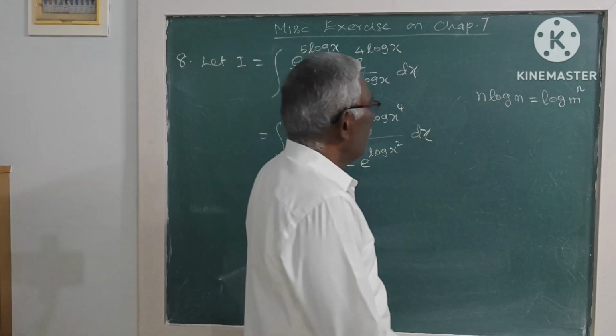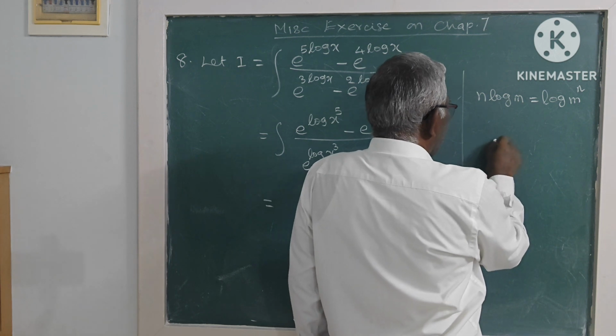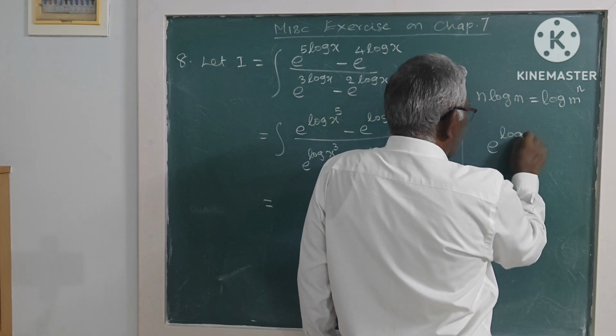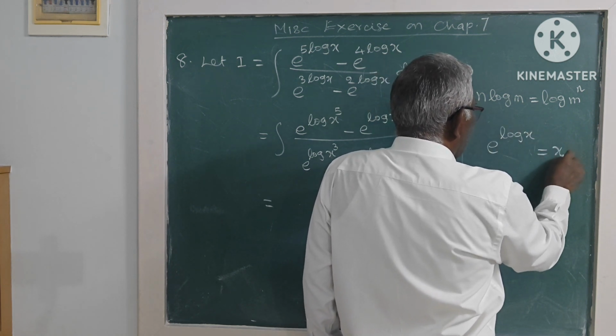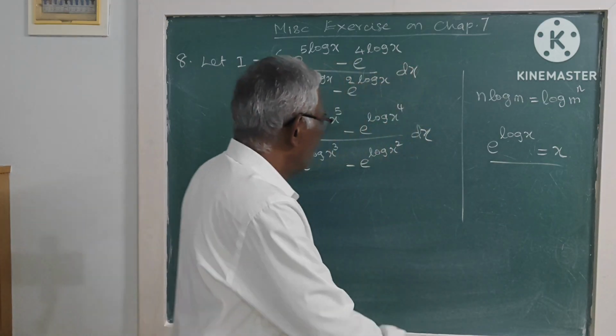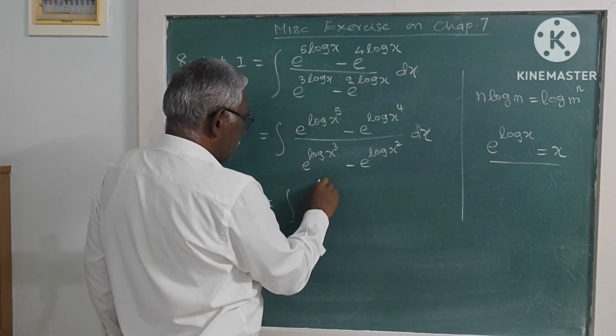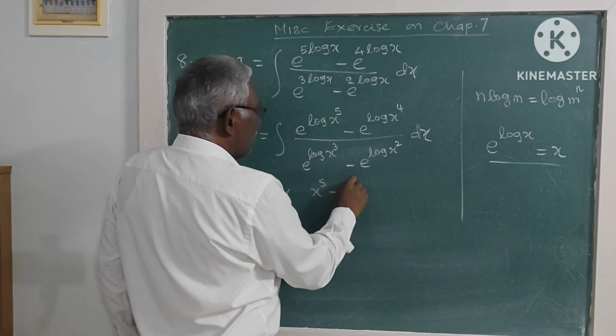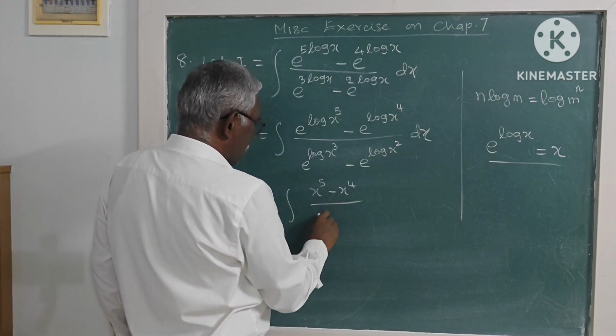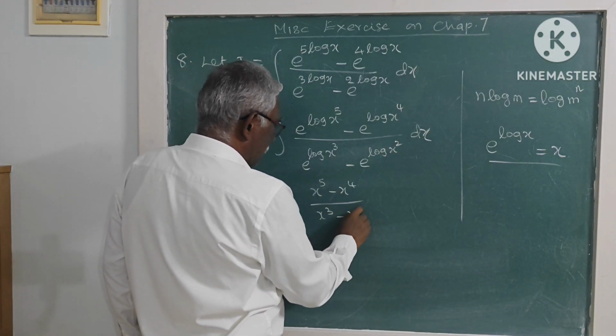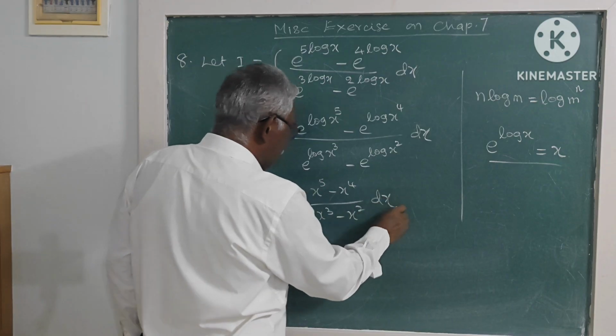Again we know e power log x is equal to x only. So that means e power log x power 5 is x power 5 minus x power 4 by x cube minus x square dx.